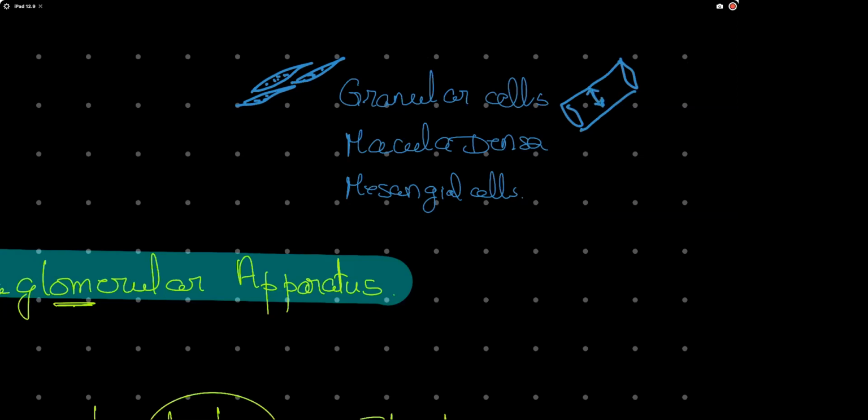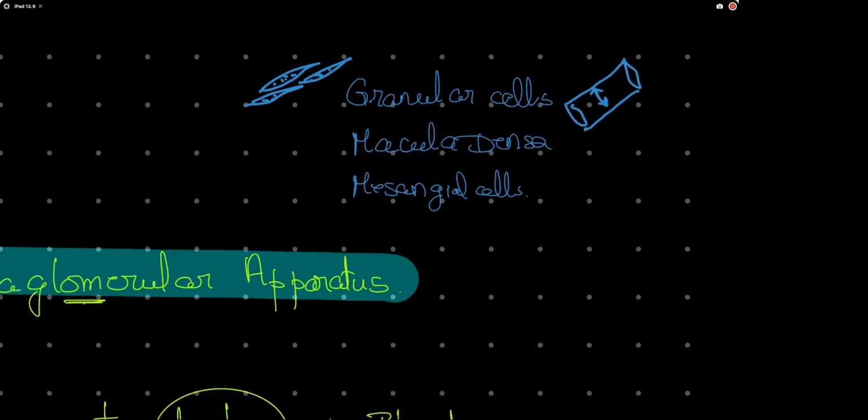So if less blood is coming, less stretch is going to be applied on the wall of the arteriole, and as a result, the kidney will figure out, oh, we've got low blood pressure, so I need to respond. If less blood is coming in, less stretch will be applied to the wall of the vessel, and this is how the granular cells will be able to detect a decline in the blood pressure.